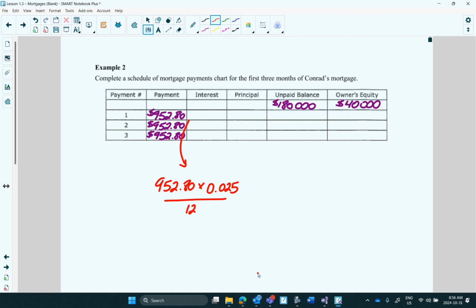Sorry, it's $952.20. Let's fix this. So that works out to $375.